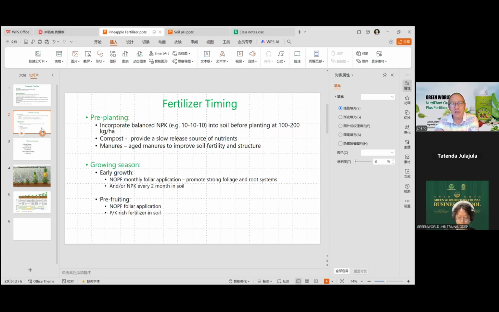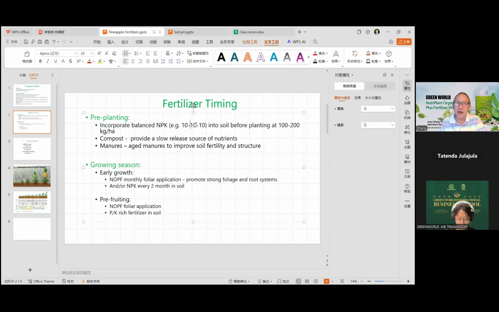Pineapple is also the same thing. It depends on the life stage or the growing season. The first is, like we just talked, work on the soil. Work on soil. I put NPK into soil because it takes a long time to work.